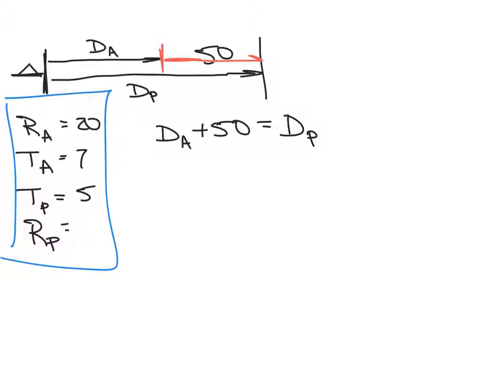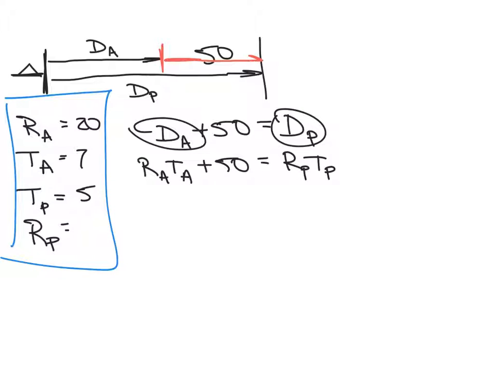Now we can just start filling in information. Let's write this as RT plus 50 equals RT of the other guy, because distance equals RT.